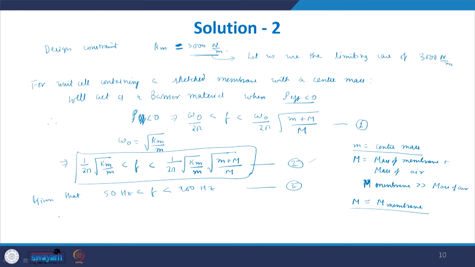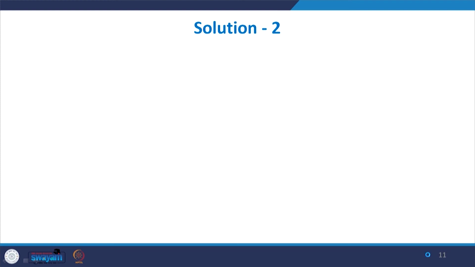If you compare equations 2 and 3, then what you get is 1 upon 2 pi, from equation 2 and 3.